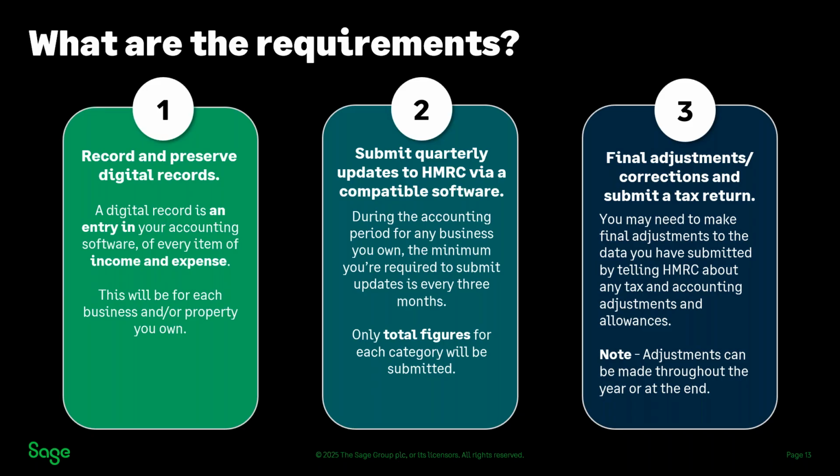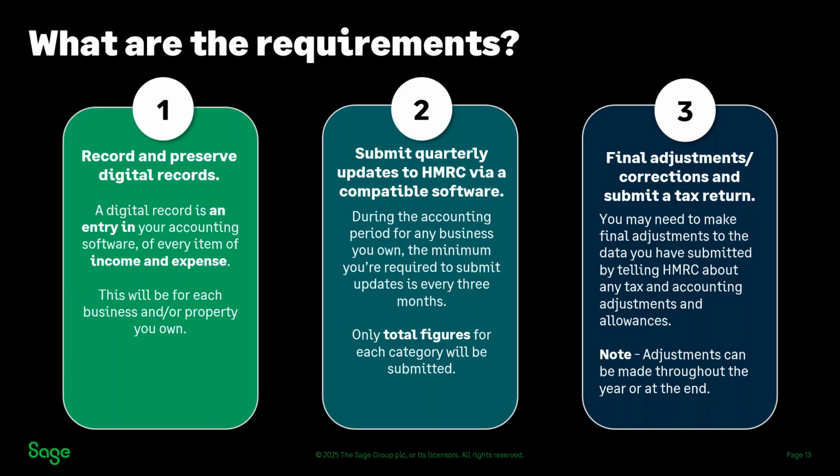So firstly, we have recording your income and expenses. If you are already using software, you may already be doing these steps. So in that case, nothing is changing. You just keep recording your transactions, but you just need to make sure that you are recording your transactions for each business and or each property that you own.